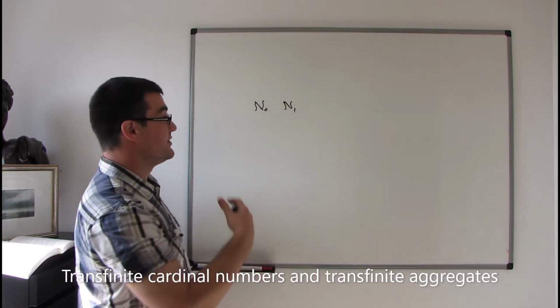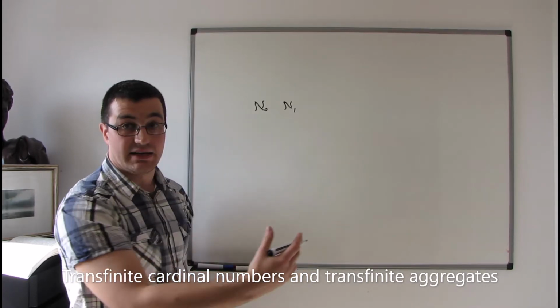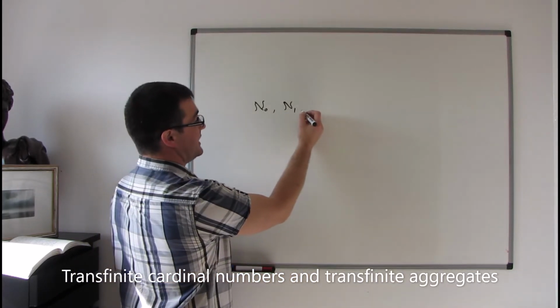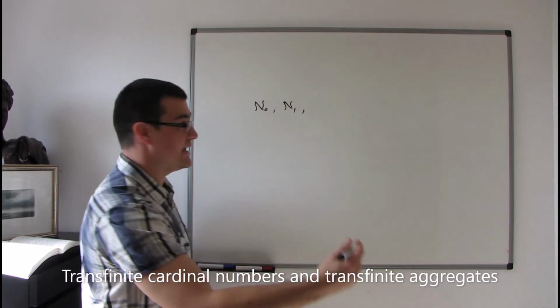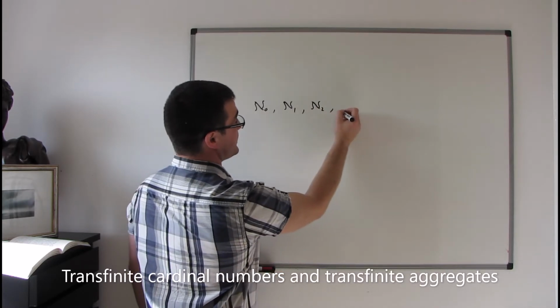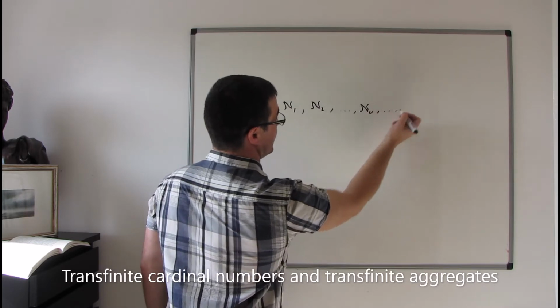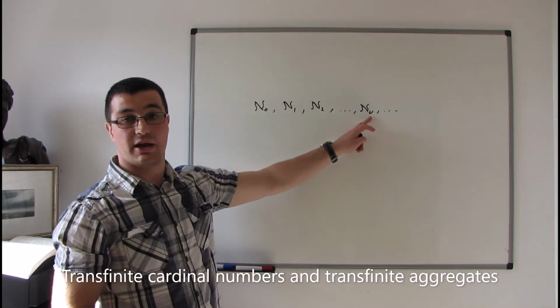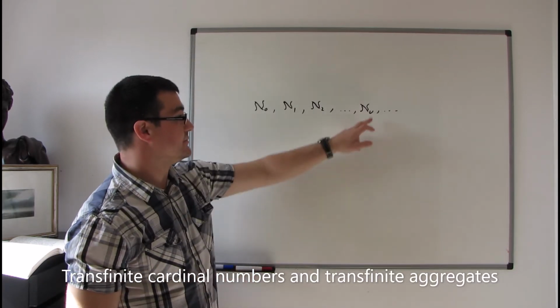In fact, it's the next greatest transfinite cardinal. And in a similar way, from Aleph 1 we can get the next greatest transfinite cardinal, Aleph 2, and we can continue this up to Aleph nu, for any finite cardinal number here.